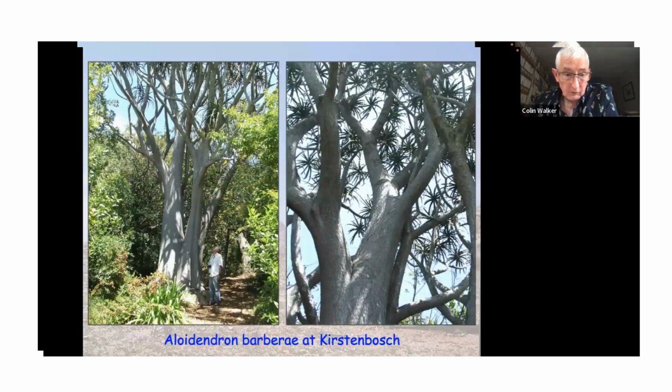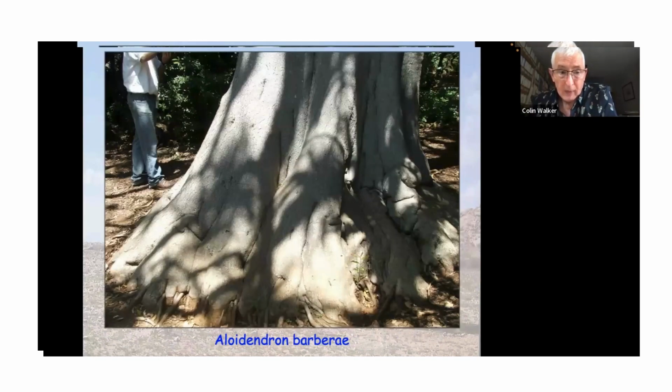This is Ernst van Jaarsveld at the foot of that tree, and on the right it shows the architectural branching of this species. This is the base of that same specimen with the bottom half of Ernst. That tree aloe, that specimen of Aloidendron, 100 years old, is 3 meters in diameter at the base.